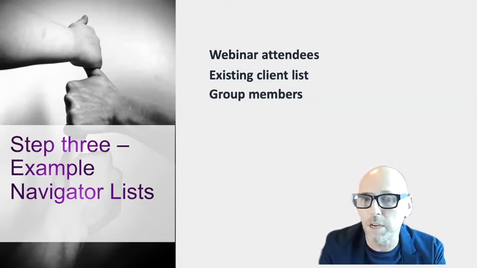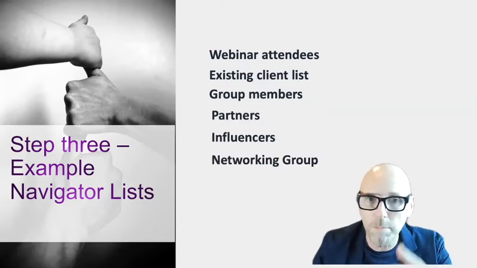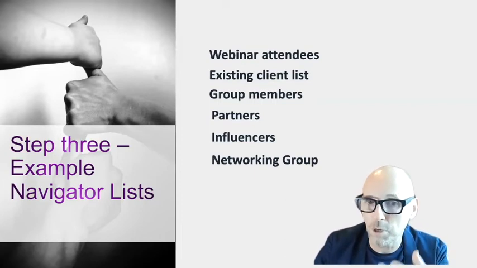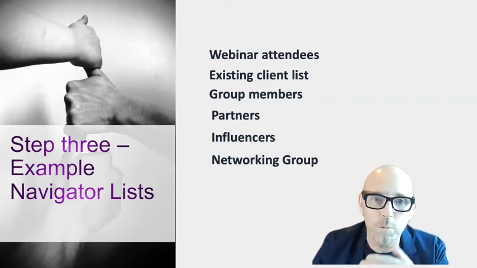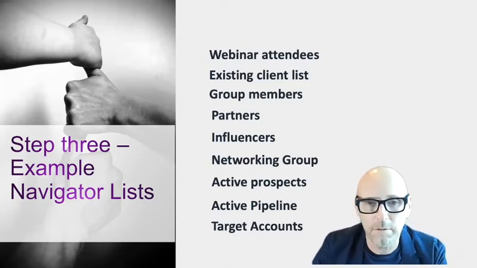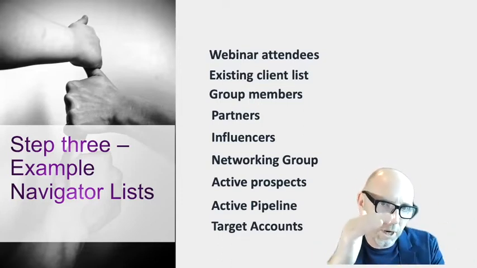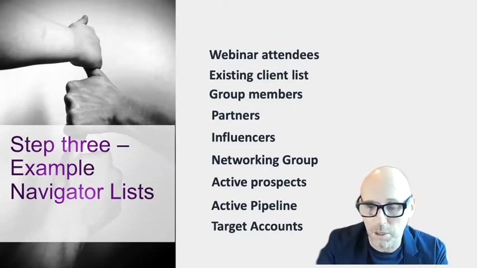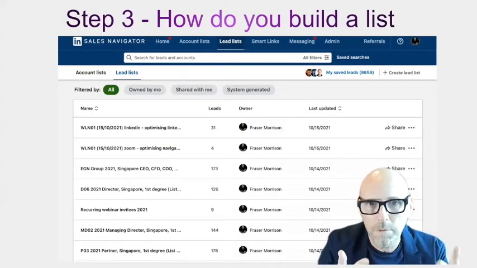We've put you on a Navigator list. Existing clients, group members, if I'm part of a group, if my partners are all in one list, influencers that we're connected to are in one list, networking groups, active prospects, active pipeline, target accounts. So you see how we've got this breakdown of different lists of people that sit within our target market. So how do we build a list?